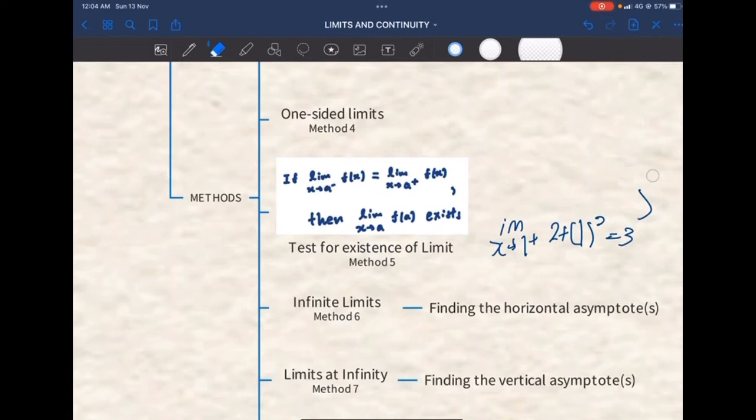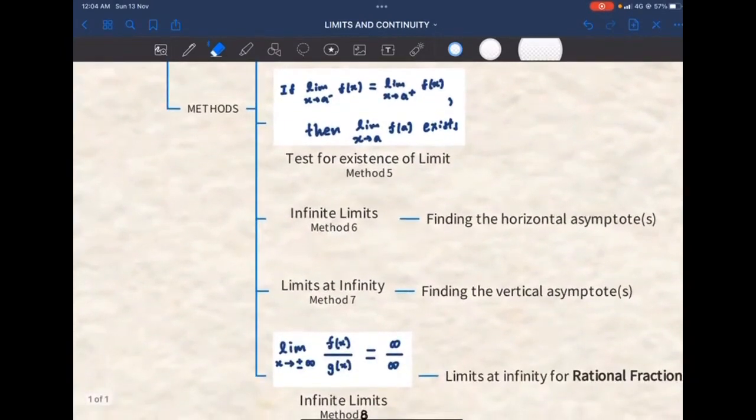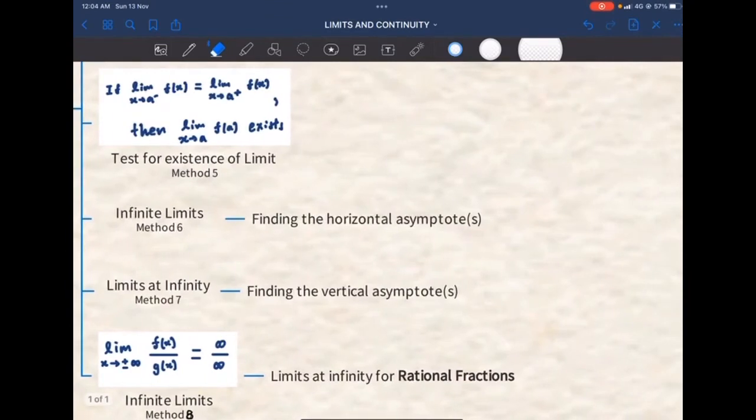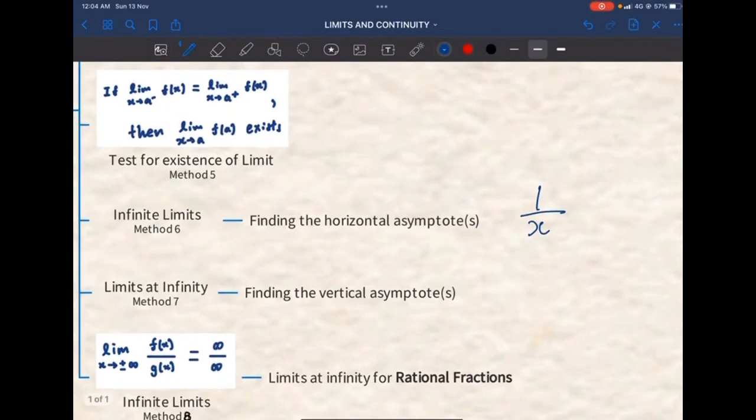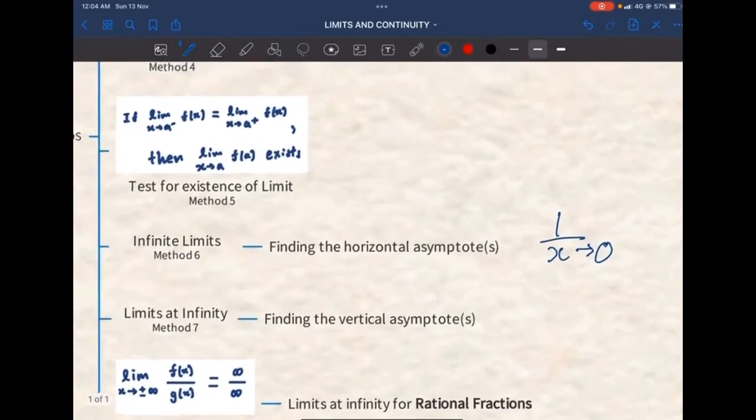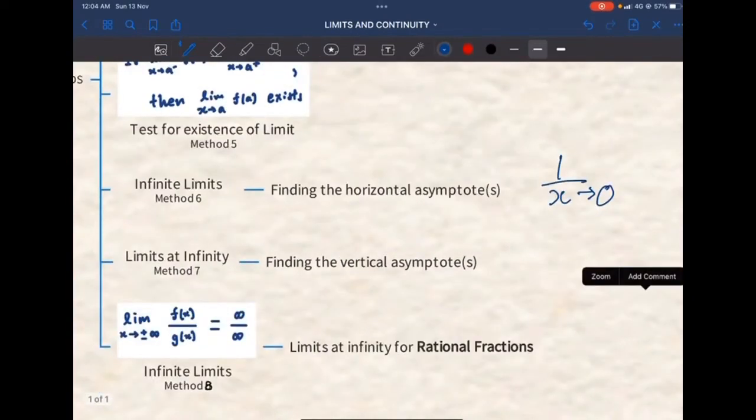Now we are going to explain method 6, which is the infinite limits. This method also helps us to find the horizontal asymptotes of a function. So for infinite limits, it's a condition like this. When the values of x are approaching 0, the values of the denominator become smaller and smaller.